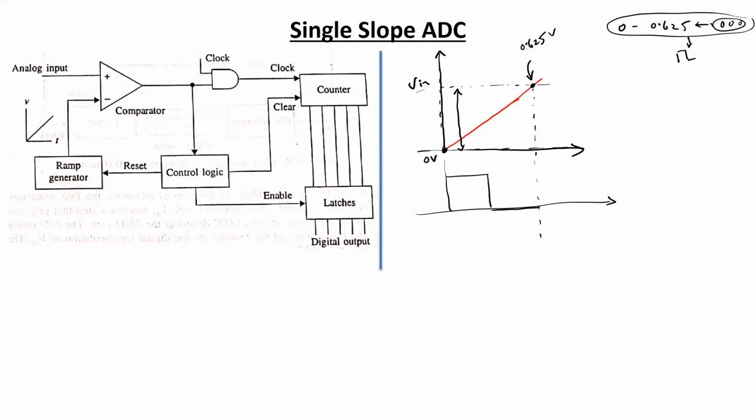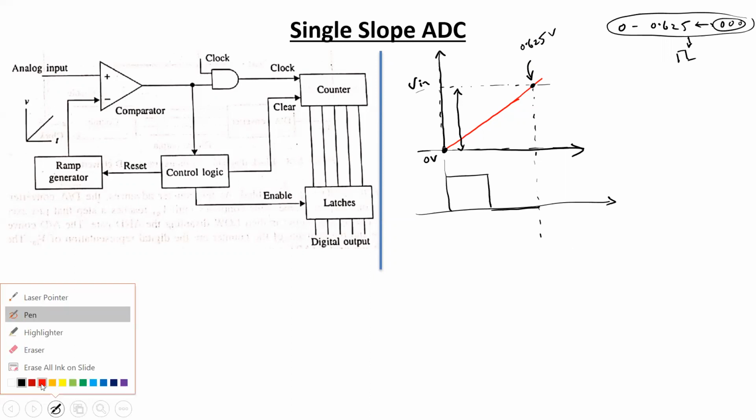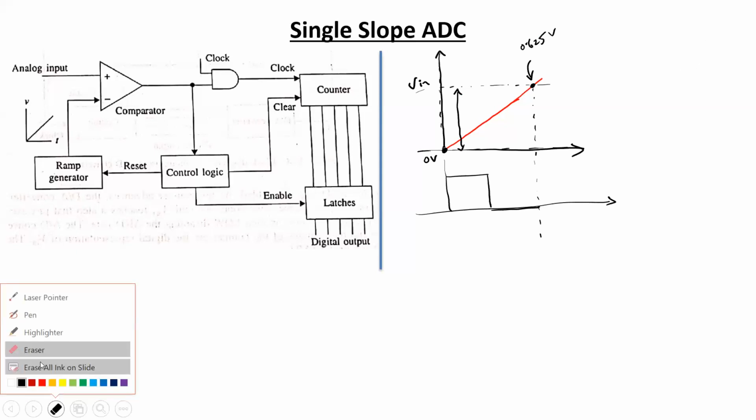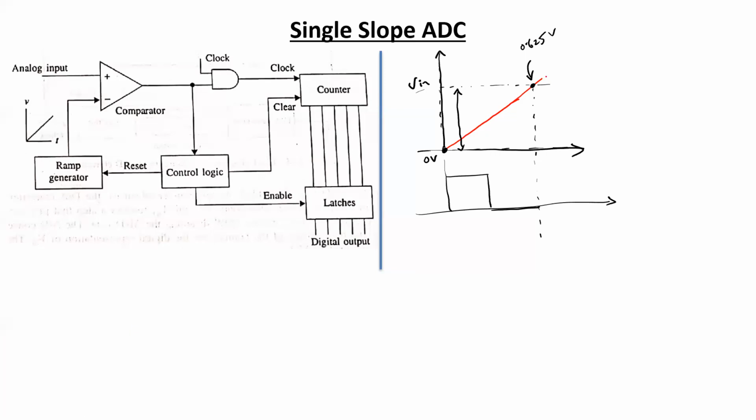For example, suppose if we consider the next quantization state, so for that our ramp voltage is supposed to rise from 0.625 up to 1.25 volts.